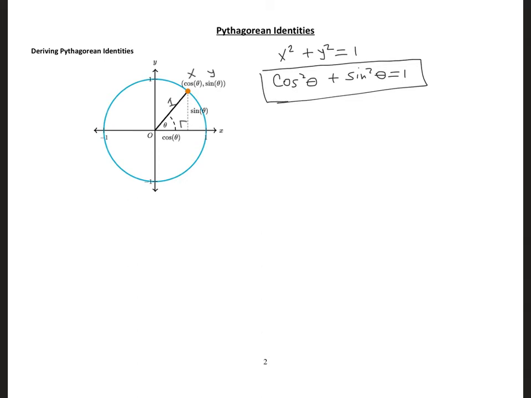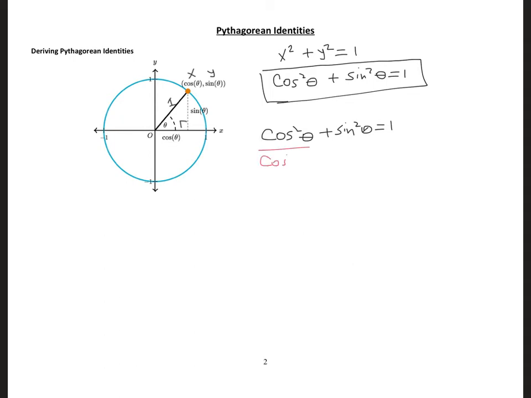I'm going to use this identity to derive the others. So how am I going to do that? Let me derive the identity cosine squared theta plus sine squared theta is equal to 1. And what I'm going to do, I'm going to divide everything by cosine squared theta. If I divide everything, I'm not changing the equation. It's just going to give me something different.